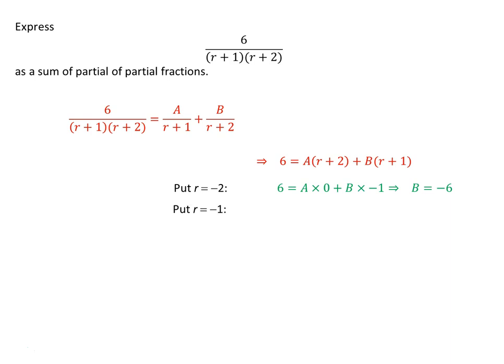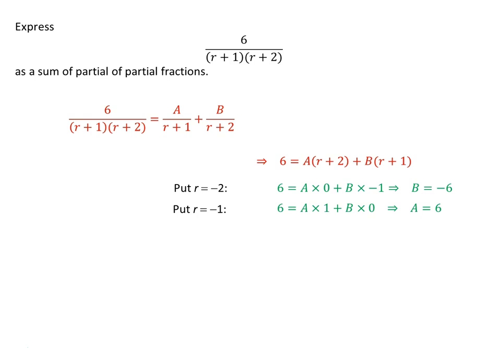Similarly, if I put r equals minus 1 in, the left-hand side is 6, and I've got 6 equals a times 1 plus b times 0. In other words, a must be equal to 6.